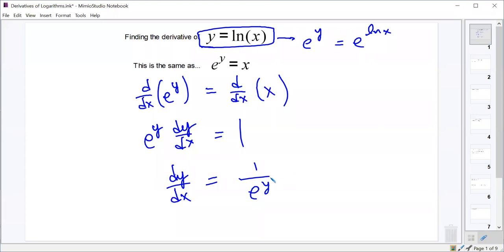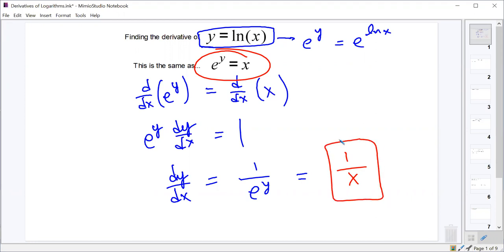So what can I do with 1 over e to the y to turn that back into x's? Well, you said before that e to the y is equal to x, so you could just substitute it. Exactly. e to the y is equal to x, so this is 1 over x. So this tells us that the derivative of the natural log of x is equal to 1 over x. Everybody good with that?